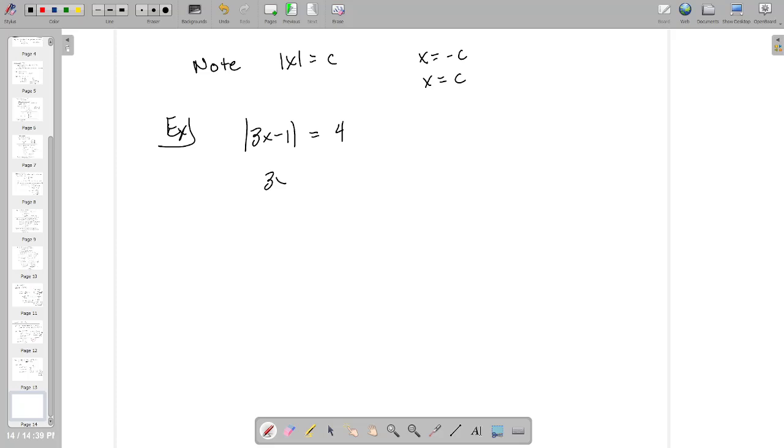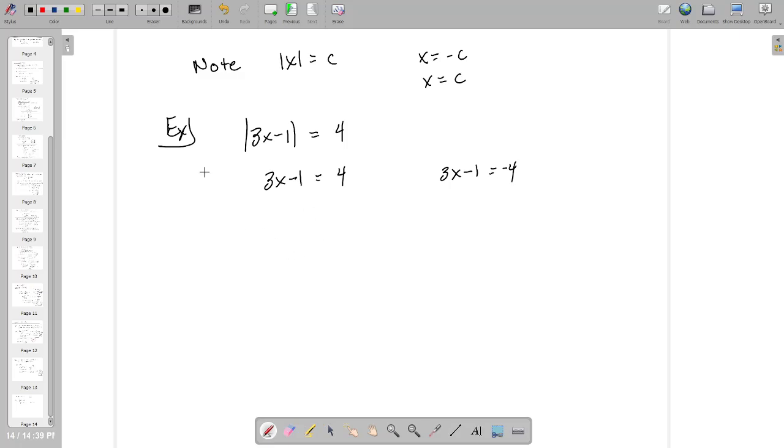Here we have 3x minus 1 will equal 4, or 3x minus 1 will equal negative 4. You do need to think about this for a second, though. Don't just run through the process every single time. Absolute value will always give us a positive value. You need to think about that when you see an equation like this to determine if it has solutions at all.